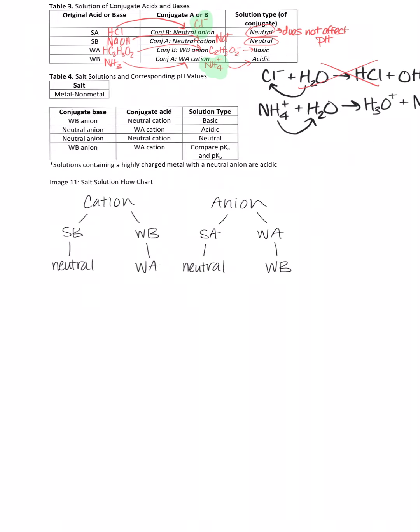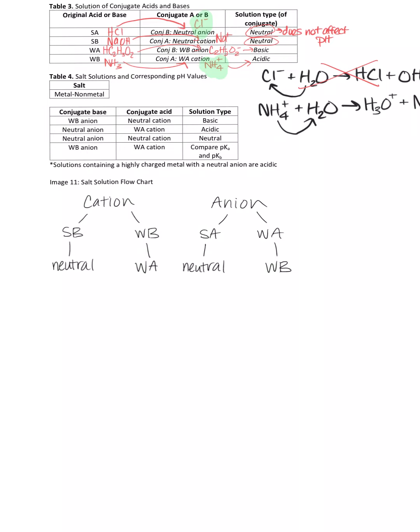Okay, so that was a lot of the reasoning that we're going to use to determine the pH or the relative acidity or basicity of salt solutions going forward. So as a reminder, a salt solution or salt itself is just a metal and nonmetal, or generally speaking, a cation and anion. Now we're going to apply that to this next table.